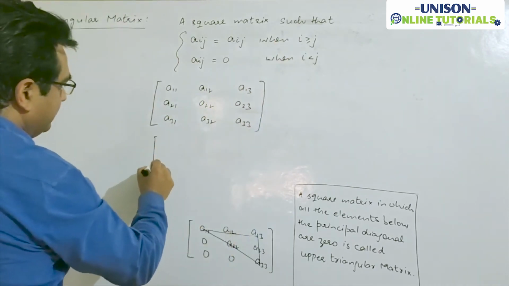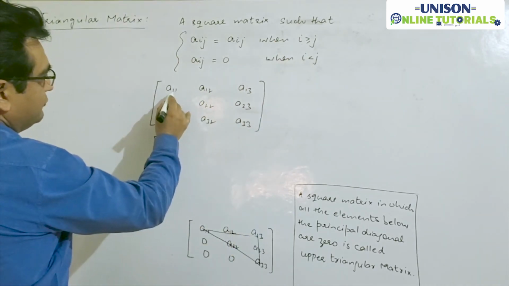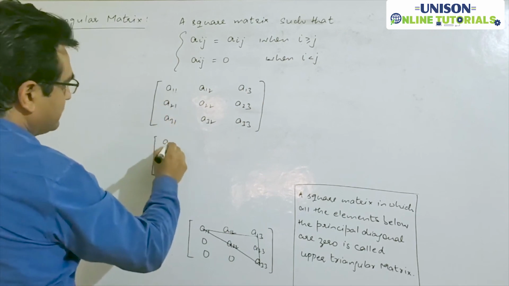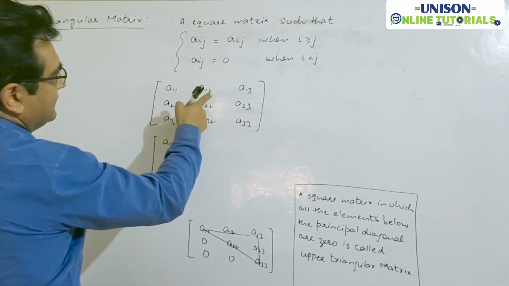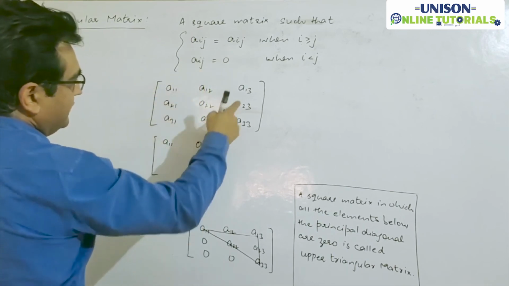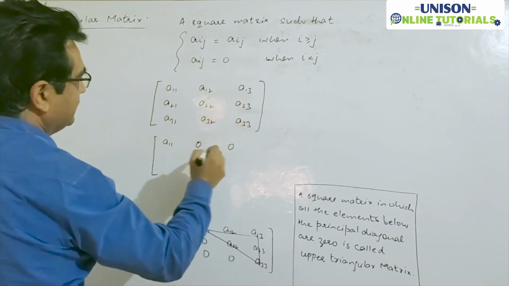So in this case, i is equal to j, so it remains A11. When i is less than j, it becomes 0. In this case, i is less than j, it is 0.